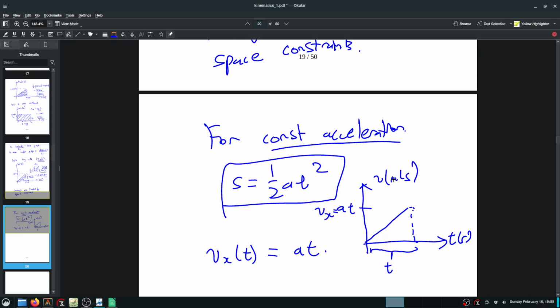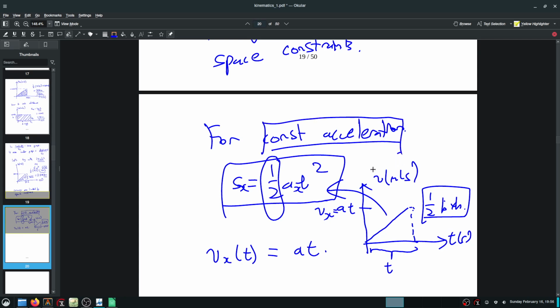T is the base. Then why did this half come about? Because half base times height. So this graph will actually show you why, in the x direction, the displacement equals half AT squared under constant acceleration.